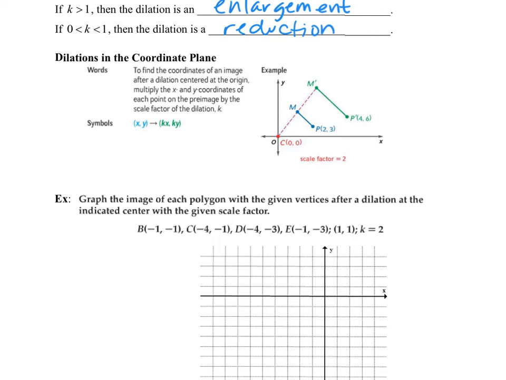So in other words, if we're going to take this line segment and dilate it with the center of dilation at the origin, if the scale factor is 2, then we would just take these coordinates 2, 3, and multiply each coordinate by 2. So it becomes 4, 6. So if your scale factor is k, and you're centered at the origin, then (x, y) under that dilation would become (kx, ky). So let's take a look at an example.